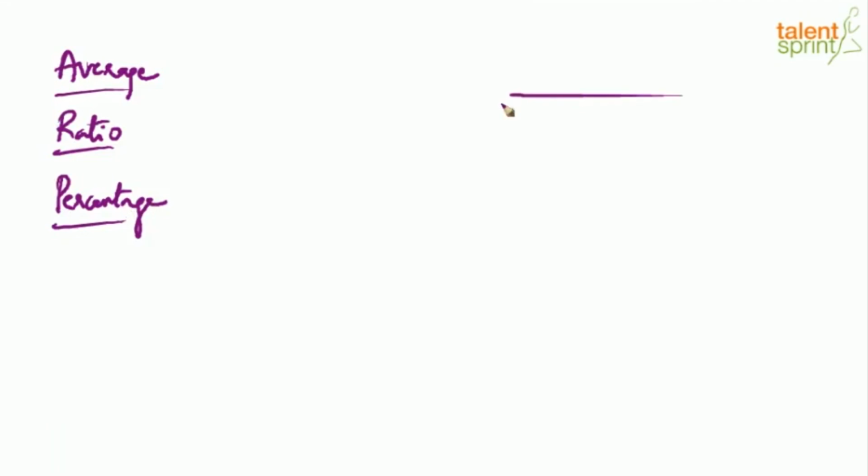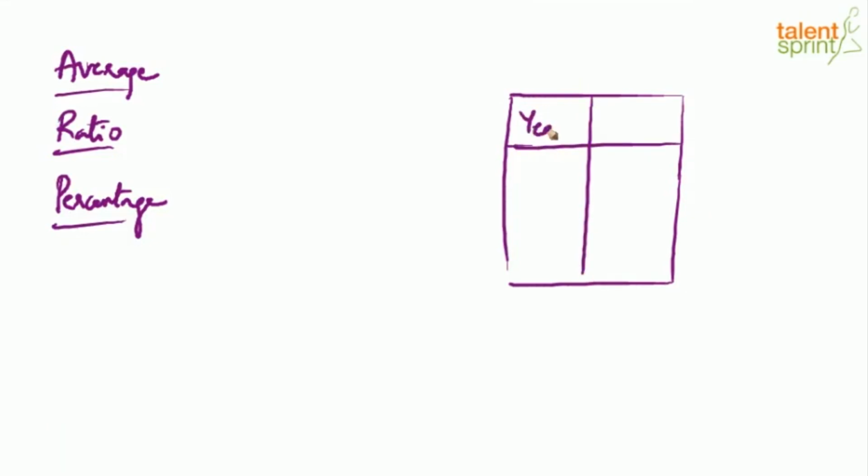Let's say a simple table is given which talks about the population of a country from 2011 to 2015, or the profit of a company. I'm just taking a very simple case. These are the years: 2011, 2012, 2013, 2014, and 2015.